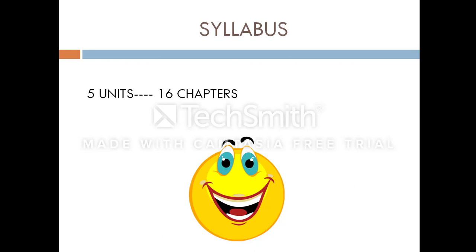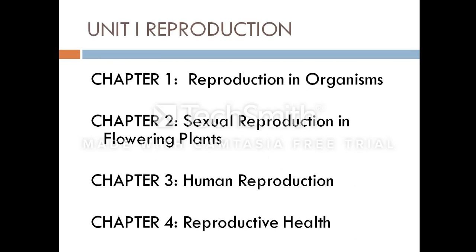You have only 5 units and 16 chapters. It was 22 in first PU. And very interesting chapters we are going to study this year. That is the continuation of first PUC. The things we have not studied in first PUC, that we are going to study in our second PUC.